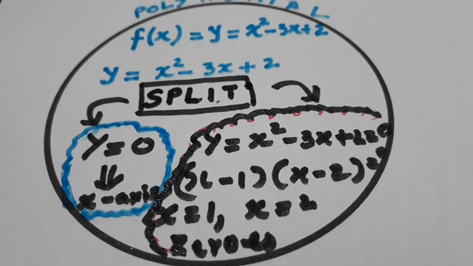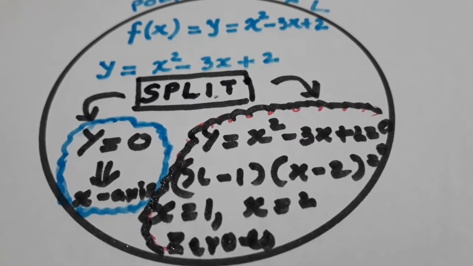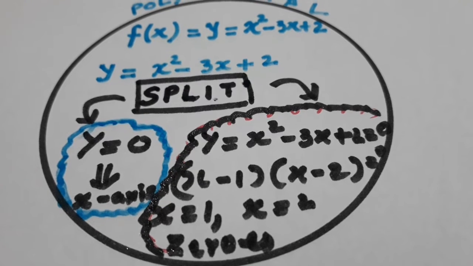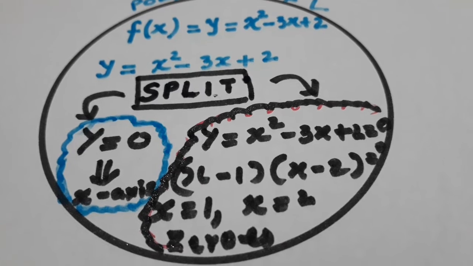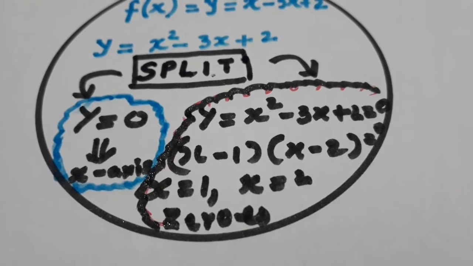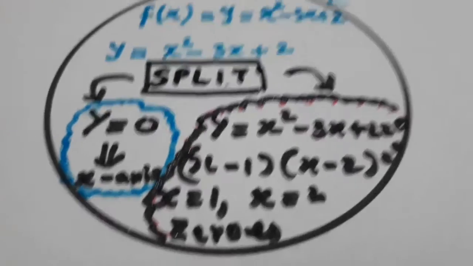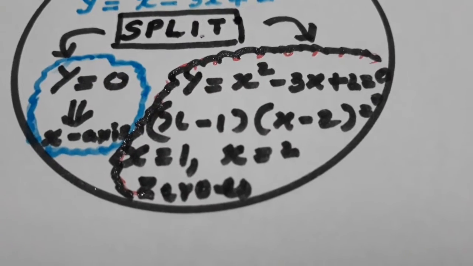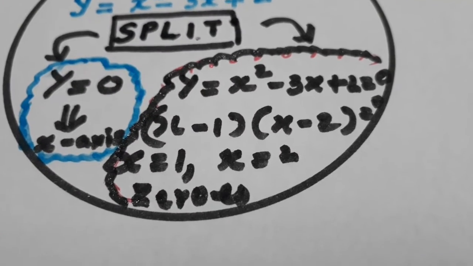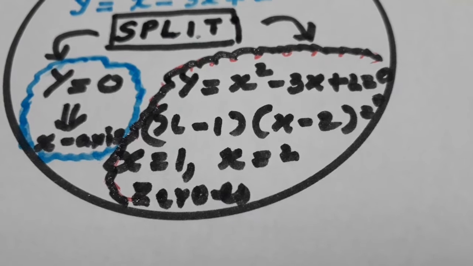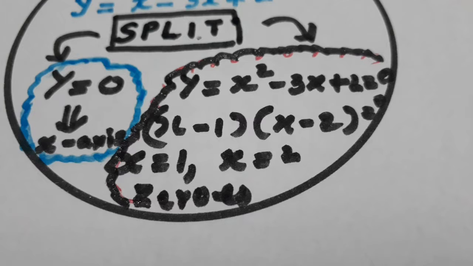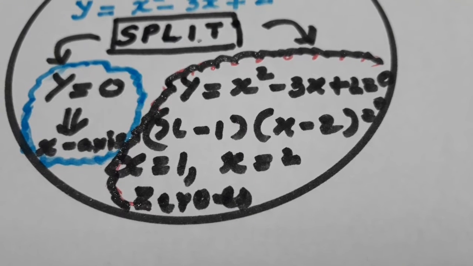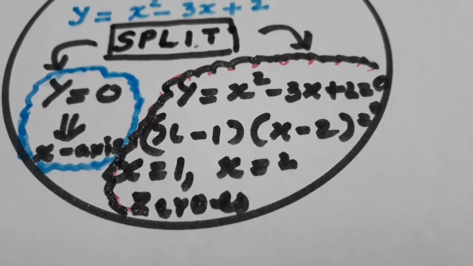On the x-axis y is 0, and y is also equal to x square minus 3x plus 2, and we have put it equal to 0. Factorize it. You get the factors (x minus 1)(x minus 2) equal to 0. So x is equal to 1 and x is equal to 2 are the zeros of this polynomial.